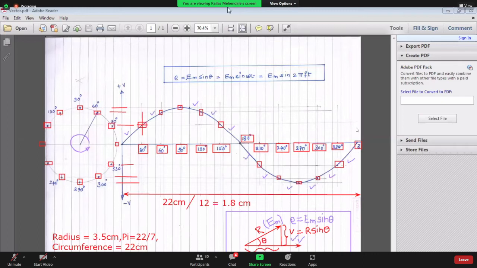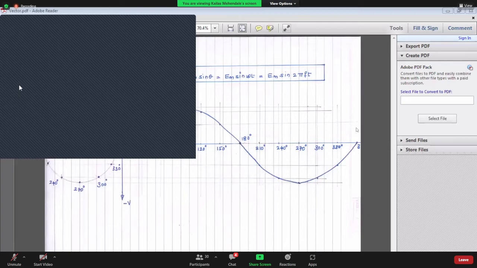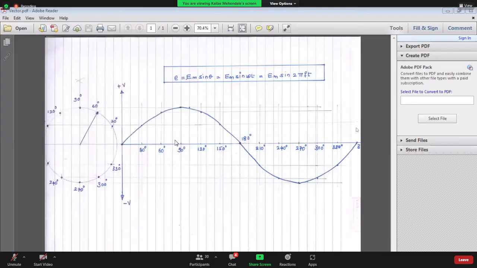Now on my part, I will save this, and I will try and push it onto the chat box. So I have pushed the screenshot into the chat box.